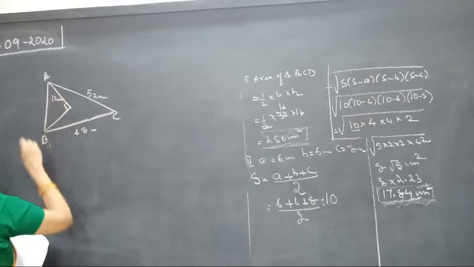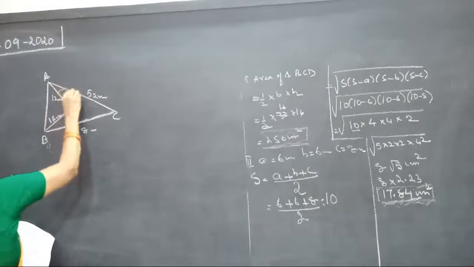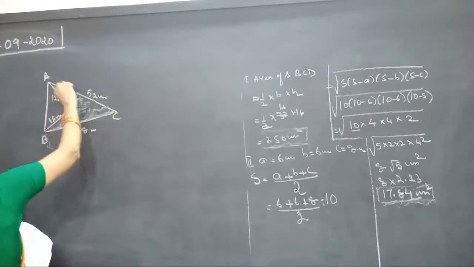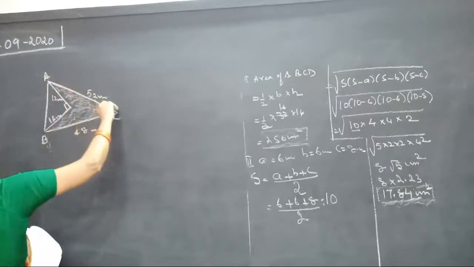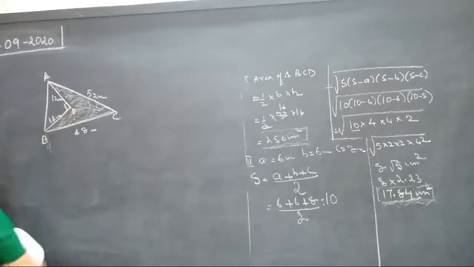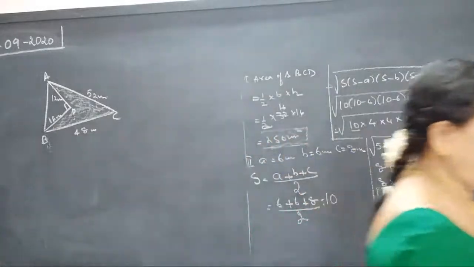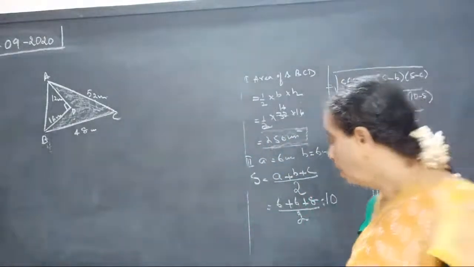This is 12 centimeter, 16 centimeter. We have to find this area. That means to find this area, we require outer triangle area minus inner triangle area, then the area of the shaded region. Get the figure?